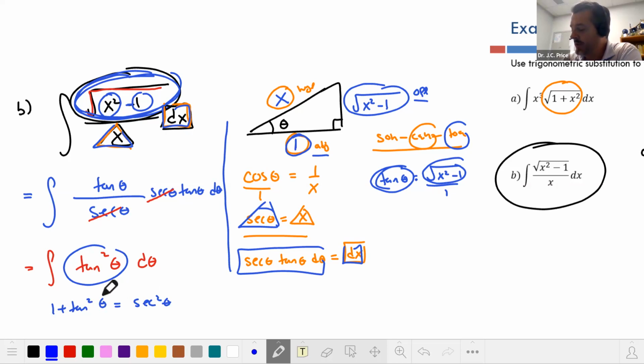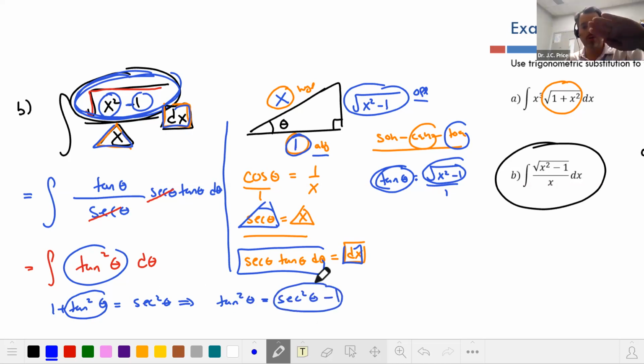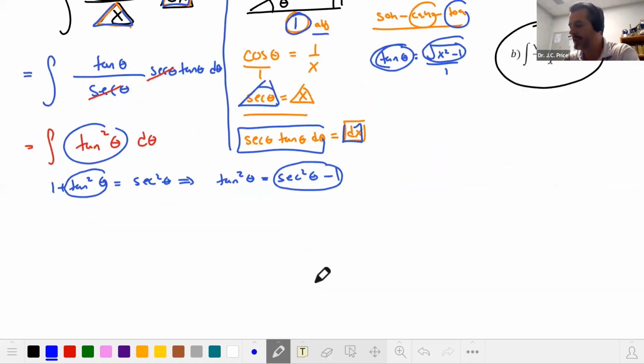And so what I'm going to do is solve this for tan squared theta and plug in. So this implies that tan squared theta is equal to secant squared theta minus 1. So subtract 1 from both sides. And so, you know, the idea, you have the note card, you turn it over, and there it is on the other side. So this is going to be equal to the integral of secant squared theta minus 1 d theta.